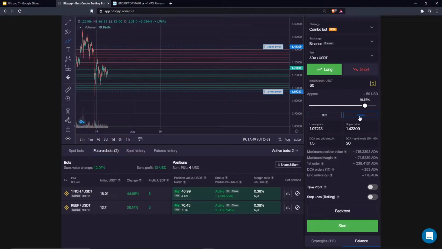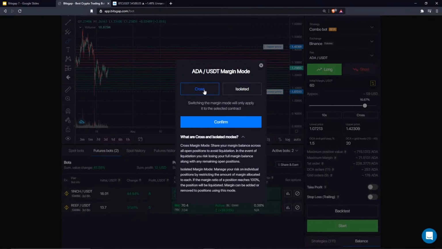As of now, you need to understand that in cross mode you risk your entire balance because it's used as collateral, but you give more space for the bot to trade. With the isolated mode, you minimize the potential risk and split the margin proportionately, so not the entire balance is used to collateralize this trade.